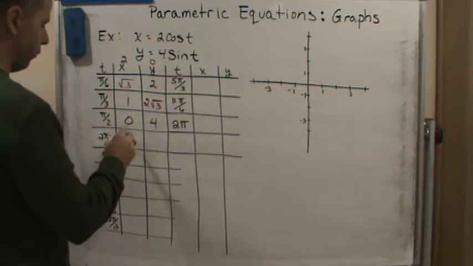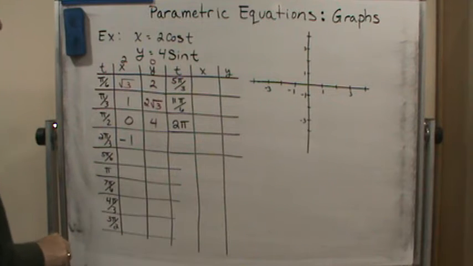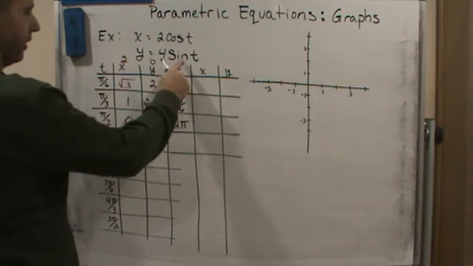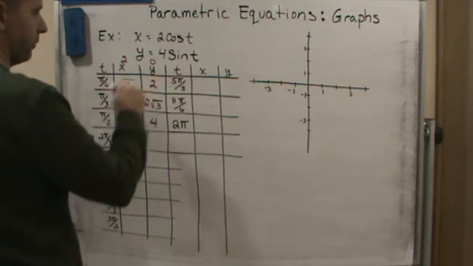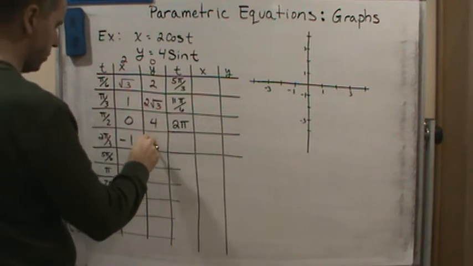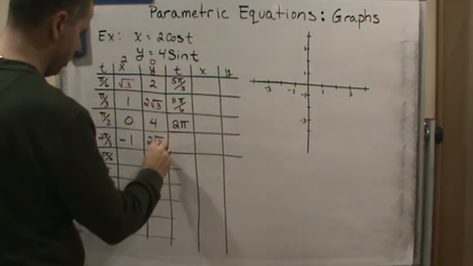Okay, and so negative 1 half times 2 gives us negative 1. And then the sine of 60 degrees is positive. Okay, so that's going to be the square root of 3 over 2. So it's going to be 2 root 3.